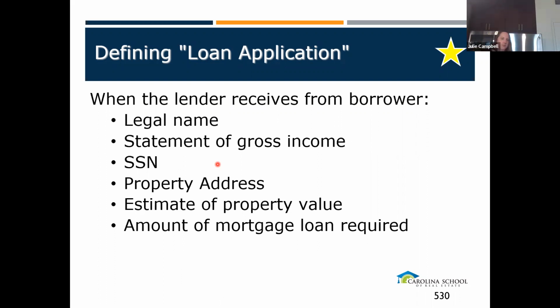So these six pieces, the first three are about the person, the last three are about the property. Once the lender has these six pieces, that's when they consider that they have the complete loan application, and that's when their big process can start.